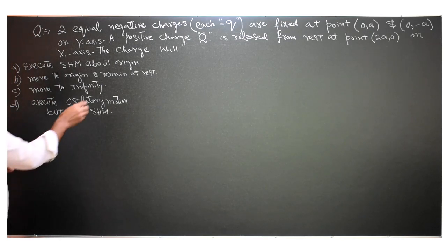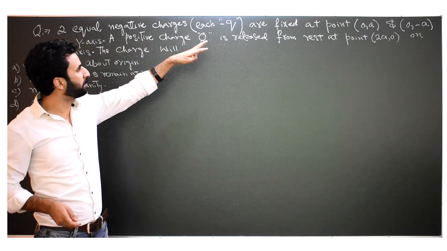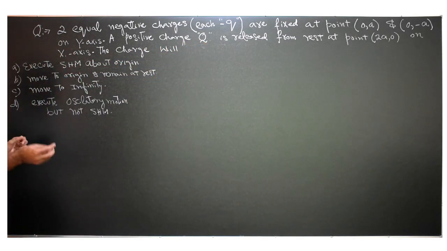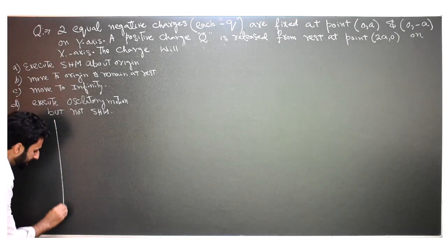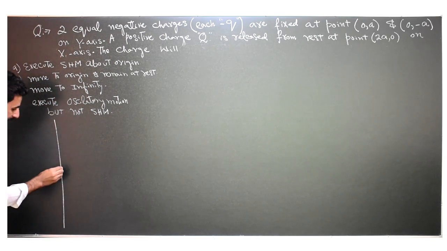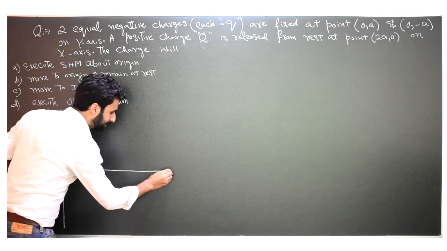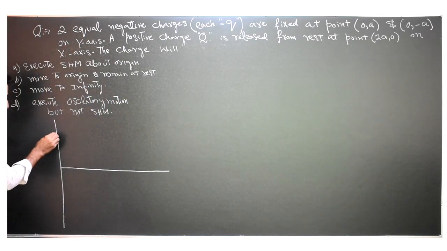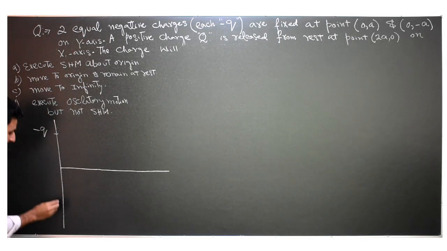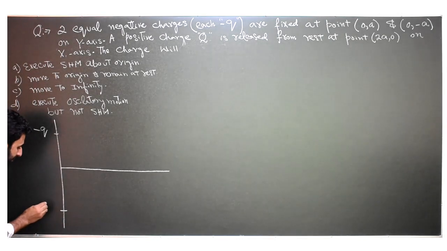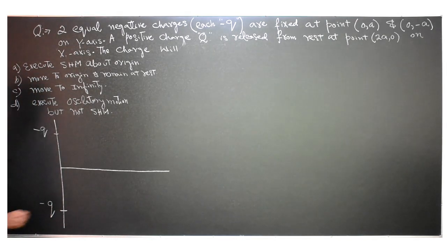Okay. Now, what we are given is two charges, minus q each, placed on the y-axis. So let's suppose this is our y-axis and this is our x-axis. We have one charge here having magnitude minus q and another charge here which is also having a magnitude of minus q.